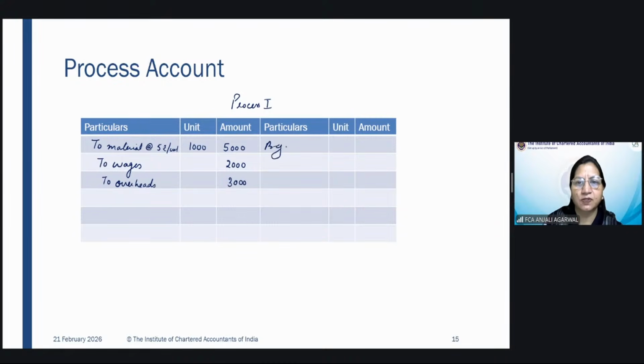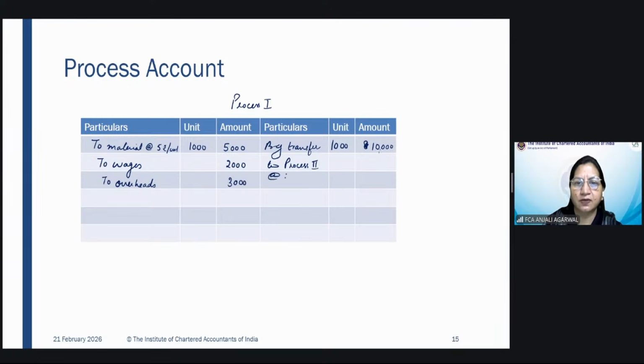By transfer to process 2, 1000 units, 10,000. Now you divide.